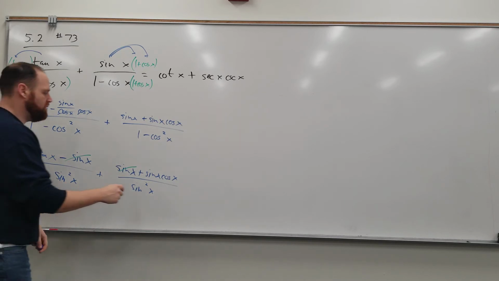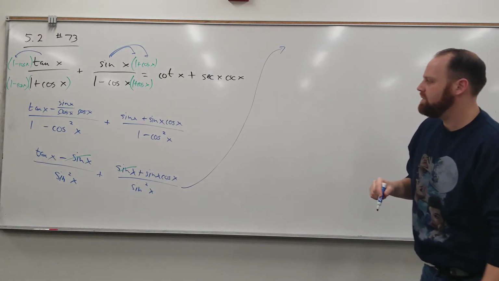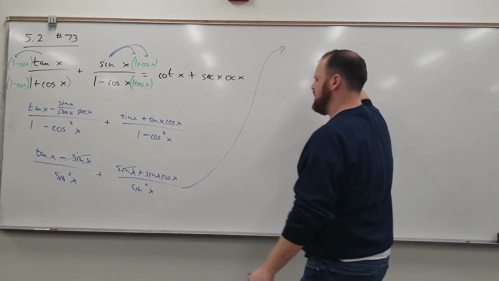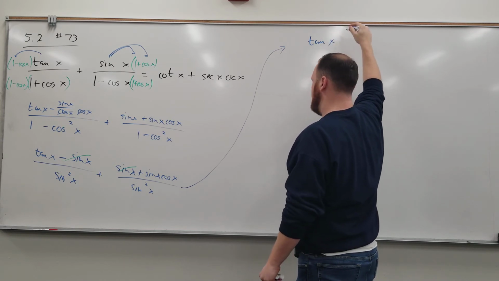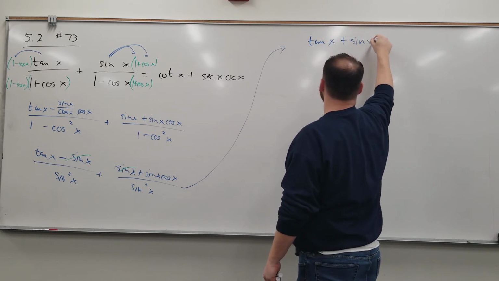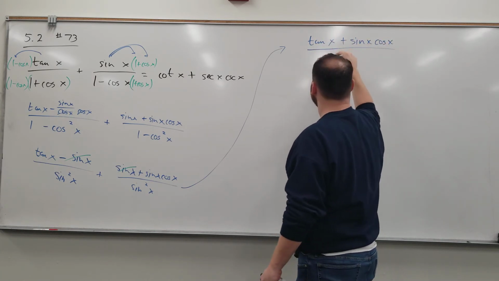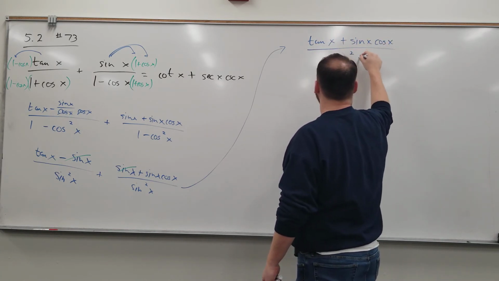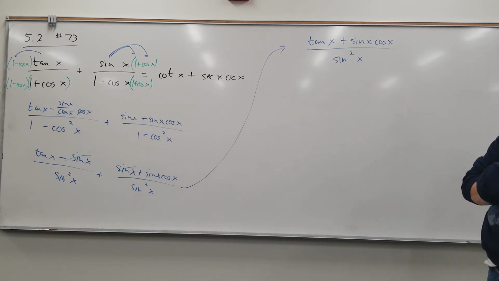So bringing this back over here, when I put it all together, I have tangent x plus sine x cosine x over sine squared x. Somehow I've got to get this thing to look like cotangent x plus secant x cosecant x.